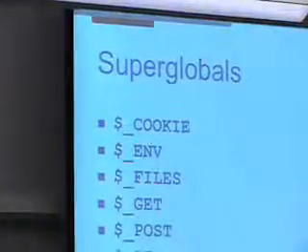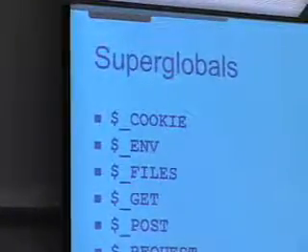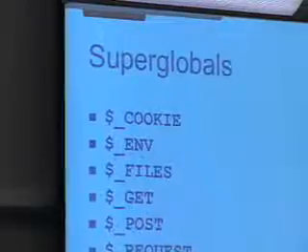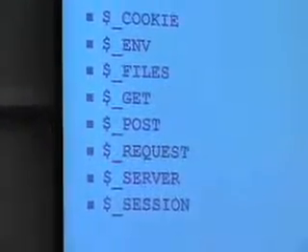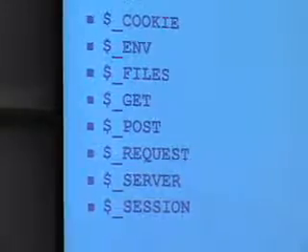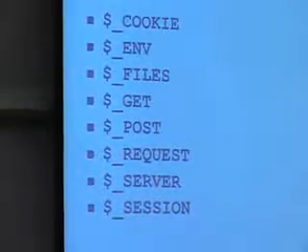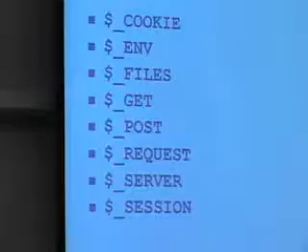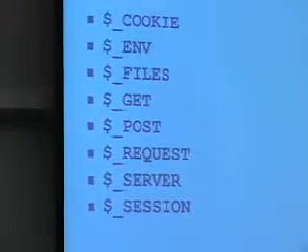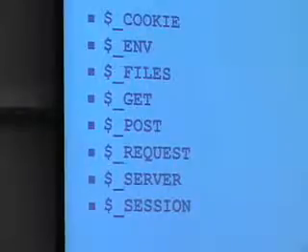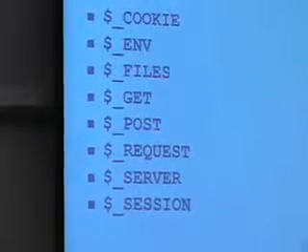And inside of these super globals, you get some very useful information handed to you on a platter, so to speak, including any variables that were submitted from a form via get, $_GET, any parameters that were submitted to you via post, $_POST. You get both of those together in $_REQUEST, including cookies, which are also put in $_COOKIE.